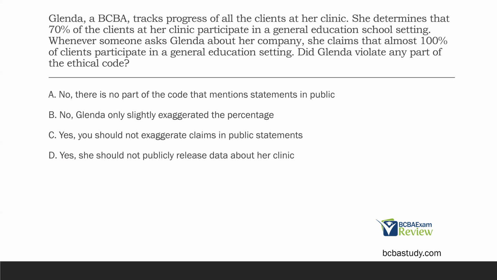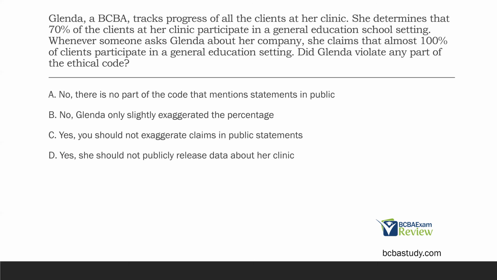You represent yourself as a BCBA, you represent ABA, you represent the BACB, you represent a whole lot of things. They don't want you exaggerating claims, especially about how effective treatment is. So C, yes, you should not exaggerate claims in public statements. That is straight from the ethical code. C looks like our answer. What about D?